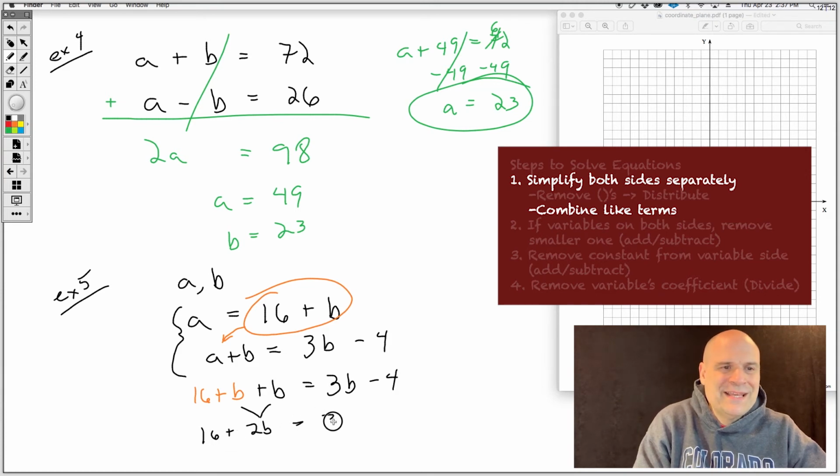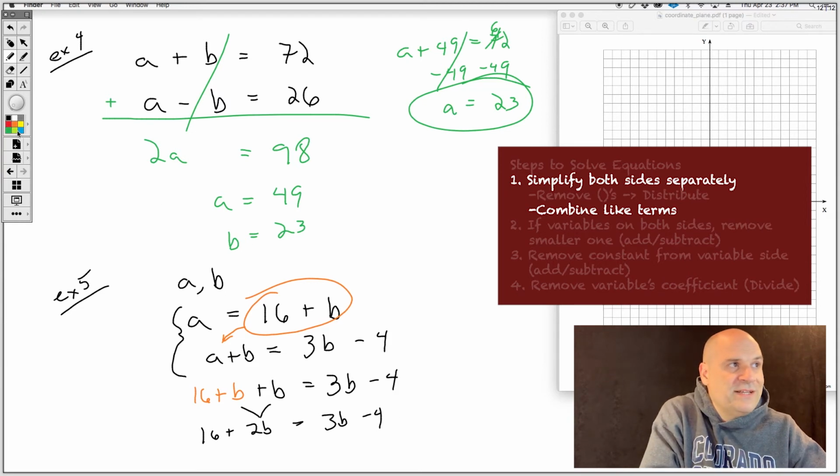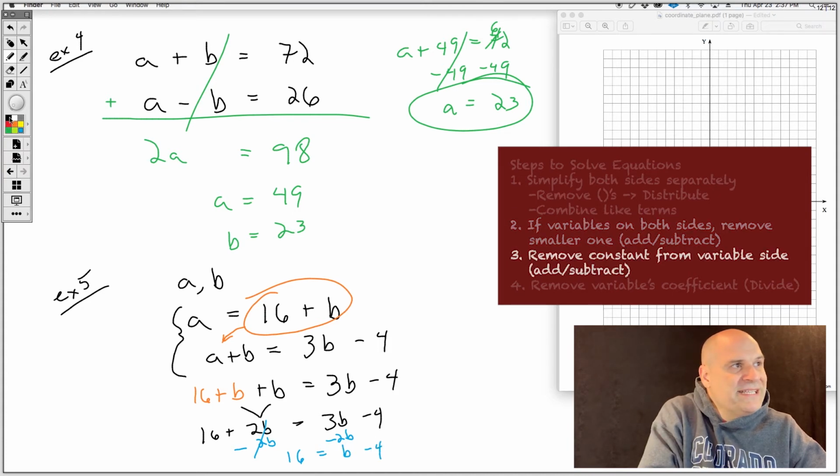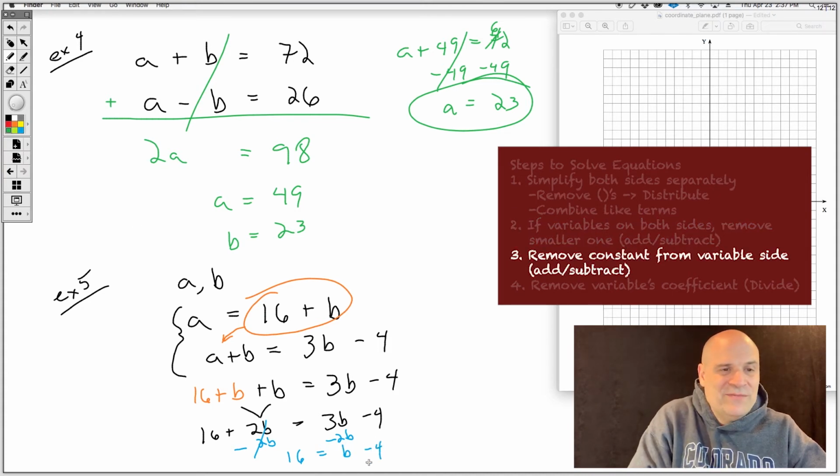All right, second step to solving equations is get rid of smaller variable term. If you have variables on both sides, you do. So we're gonna get rid of this 2B because 2B is smaller than 3B. So now we've got 16 equals B minus 4. Third step to solving equations is adding 4 to both sides, or get rid of the constant. So you're gonna add 4 to both sides.